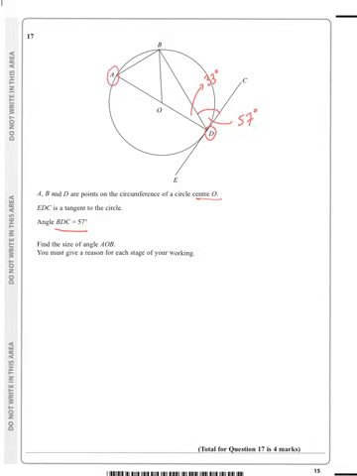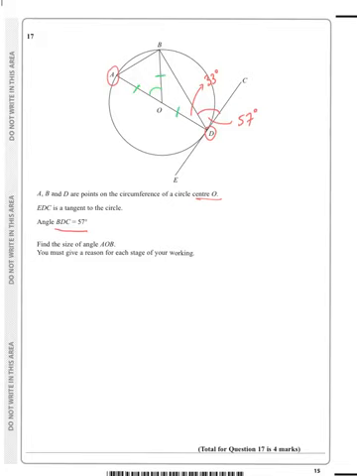So it says, find the size of angle AOB. So this angle here, AOB. Now, to do that, we've got to be quite careful. Now, one thing I would write in here definitely is that this is a radius, this is a radius, and this is a radius.